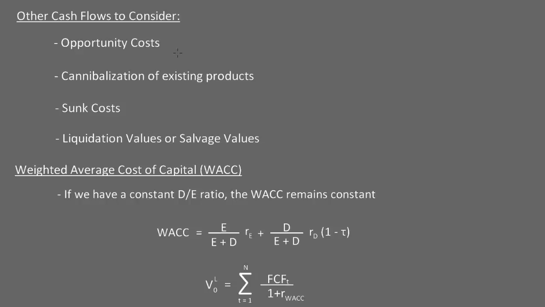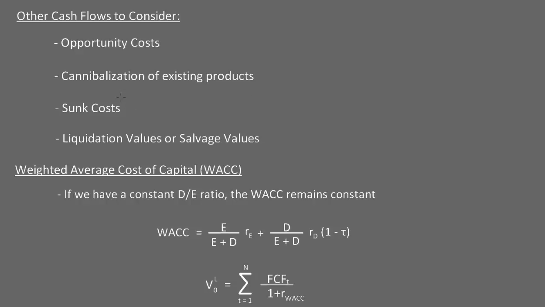So this lost rental income is known as an opportunity cost and needs to be removed from the value of the project. Second item is cannibalization of existing products. Say you introduce a new product which replaces an old product. Any sales of the old product that would have happened had the new product not been introduced need to be removed from the value of the project.